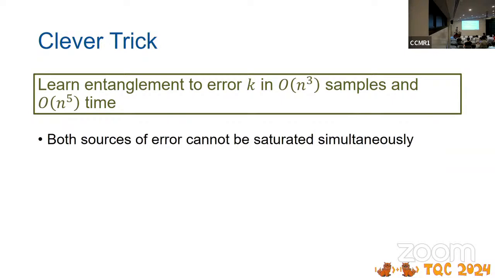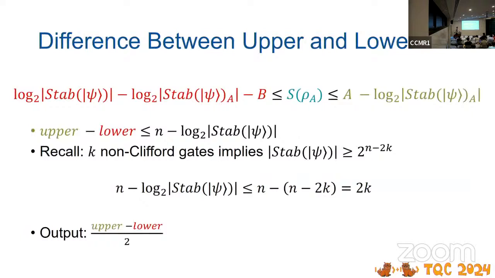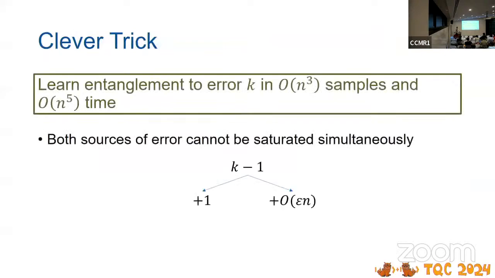And basically the idea is that there are two sources of error and they cannot be saturated simultaneously. So this is not actually how it works, but this is the way you should think about it: there's an inherent k-1 error in the worst case. And then there's either a +1 error from going back from this step, or there's this O of epsilon n error we get from only learning the information approximately, but they both can't happen at the same time.